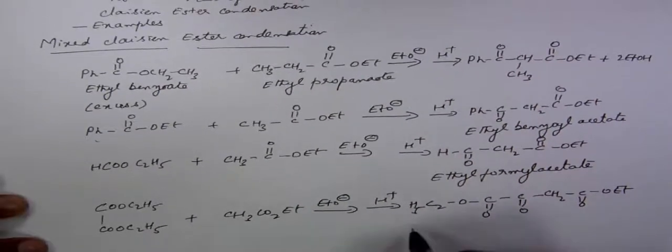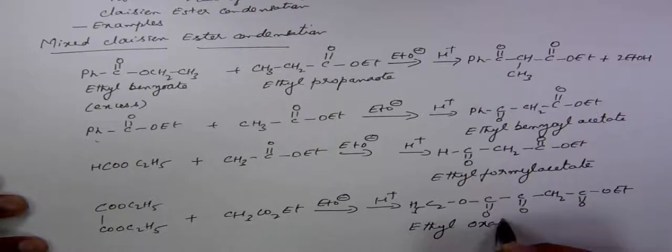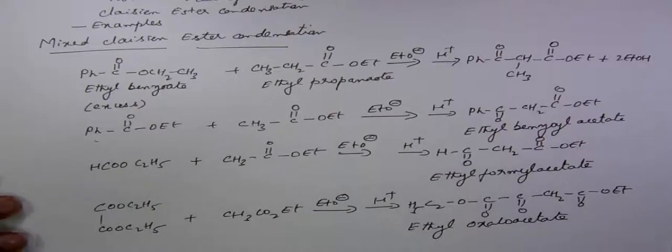This is called ethyl oxaloacetate. So this is the mixed Claisen ester condensation.